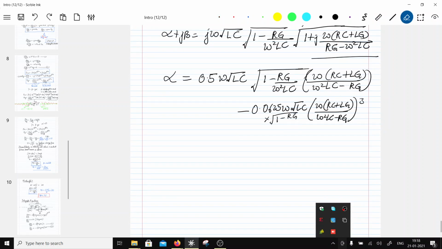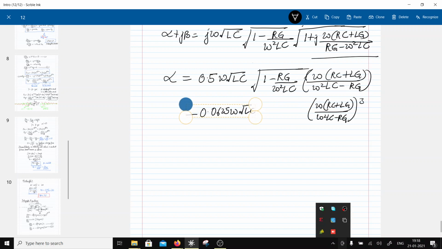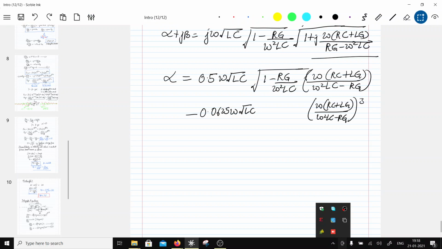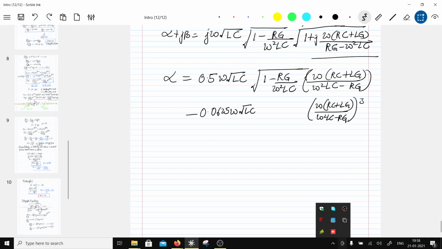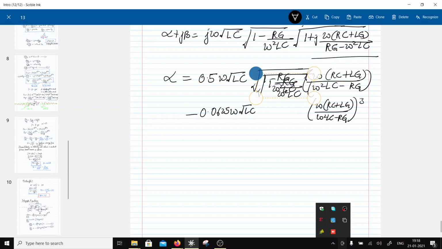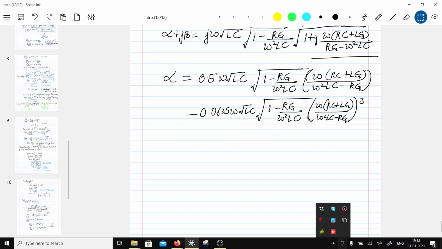So I forgot this term. Okay, so this is cube term and so on, right?